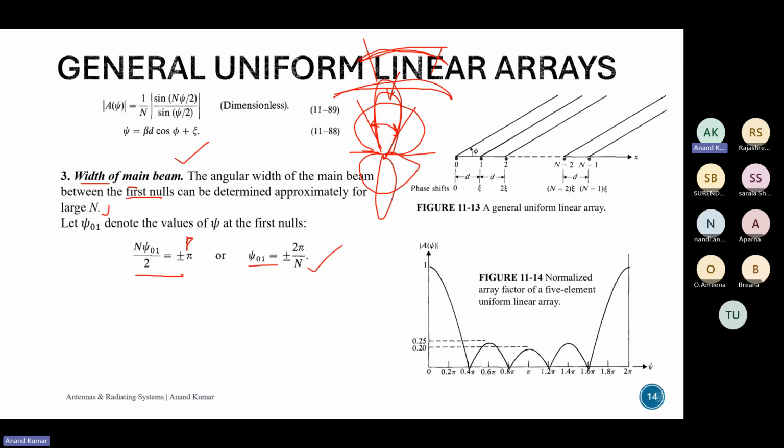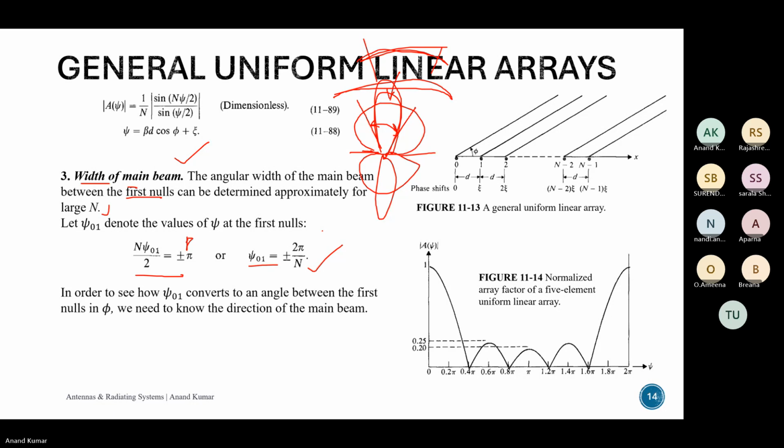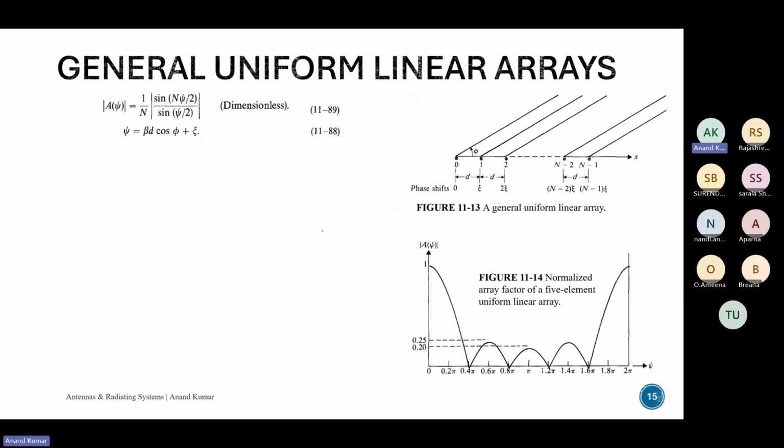So this is the location of the first nulls. And now for broadside or end fire, we'll have to calculate for both the cases.